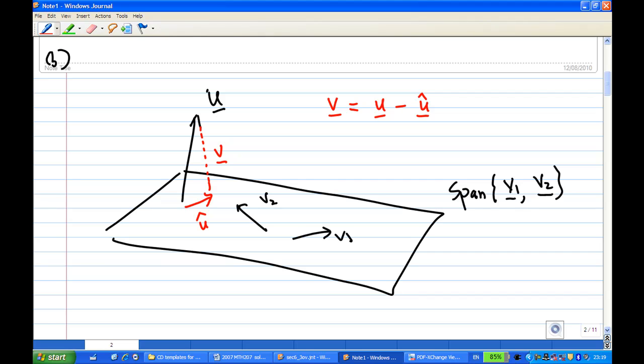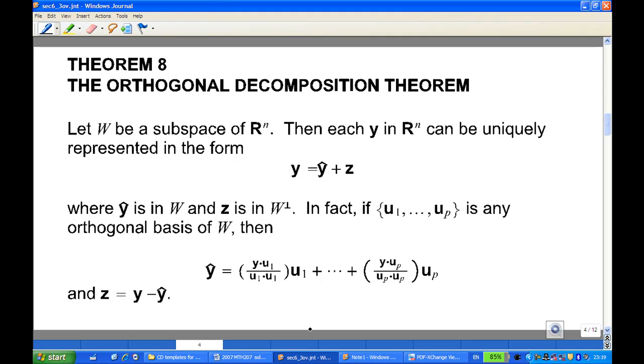Now, let's look at the result from David Lay. This is what we call the orthogonal decomposition theorem. If W is a subspace of Rn, then each y in Rn can be uniquely represented in the form y equals y cap plus z, where y cap is in W, and z is in W perpendicular.